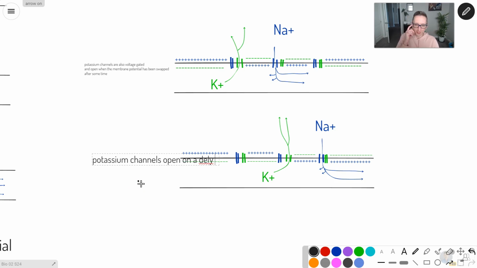That's what that results in, on a delay. And potassium rushing out of the cell re-establishes the resting membrane potential.